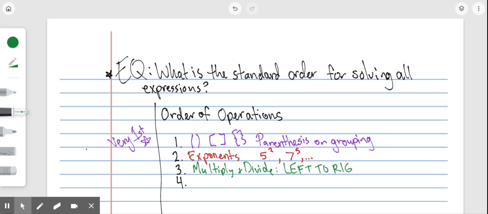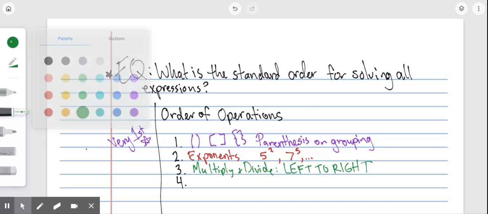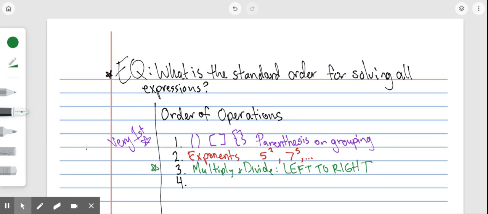Now notice multiplication and division is on here, but addition and subtraction isn't. So we're going to make another note over on the left, and we're going to say multiply always before you add. Multiplication and division always comes before you add, even if addition is first in the expression. Always multiply or divide first.